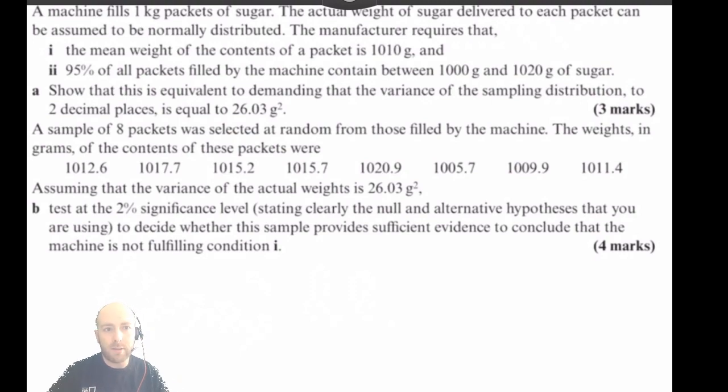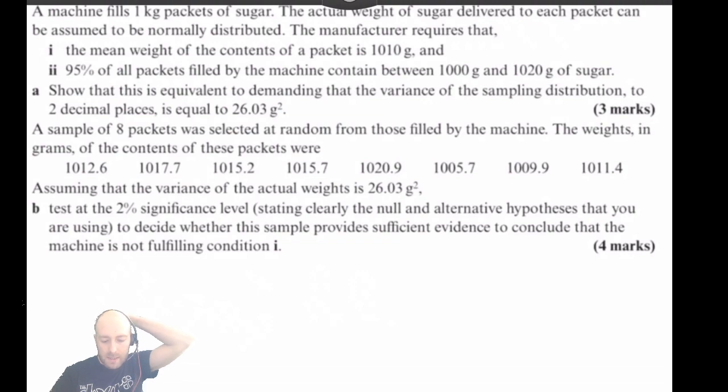So there's two criteria here to meet. First of all, we've got a test for the means, and also we've got to make sure that we're in the right amount for the majority of the data. Show this is equivalent to demanding that the variance is 26.03. So we need to find the variance first of all.